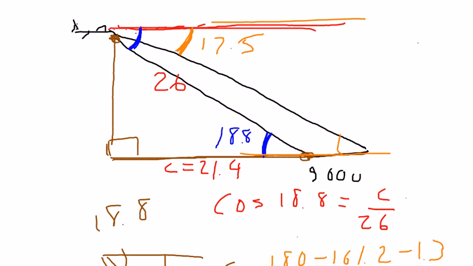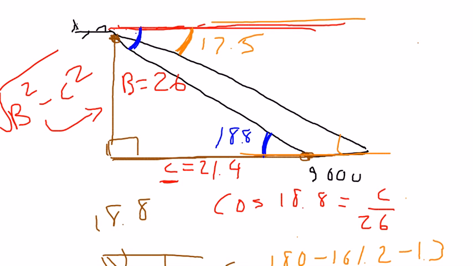Well, now I'm just going to use Pythagorean's theorem. So I'm going to store this as C, and I'm going to take B squared minus C squared, because I have this value stored as B, I have this value stored as C, so B squared minus C squared, and then I'm going to take the square root of that, and that'll be what this side equals.